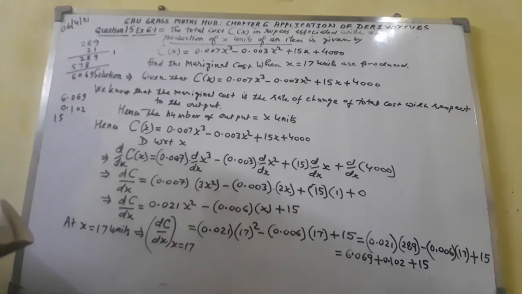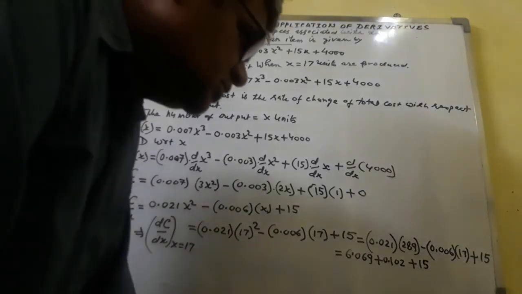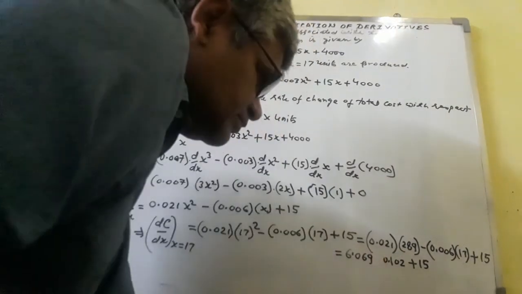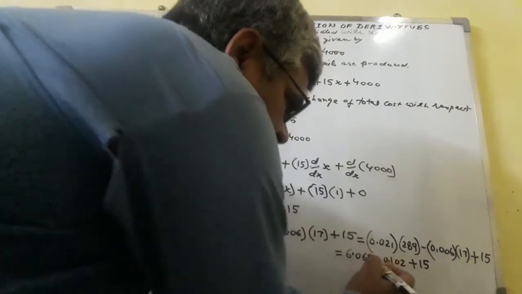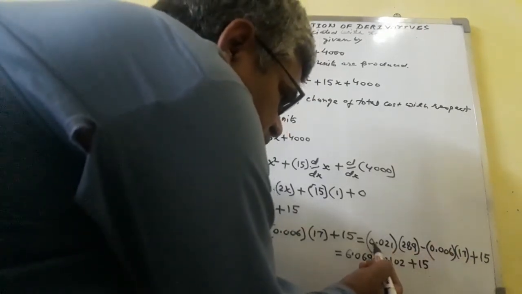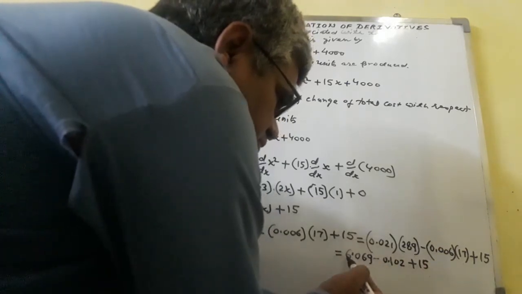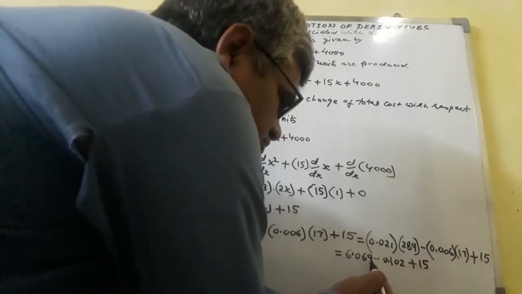Here this one is minus. Why minus? Because here you can see 0.021 will multiply to 289, comes out to be 6.069.